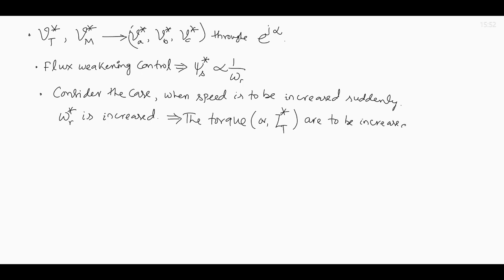Only if the torque is increased during the transient period can the speed be increased fast. So as the speed is to be increased, torque is to be increased, so the load angle delta increases.